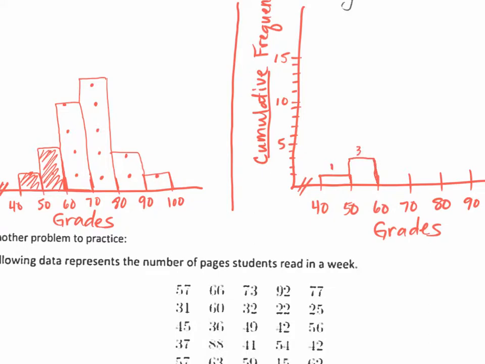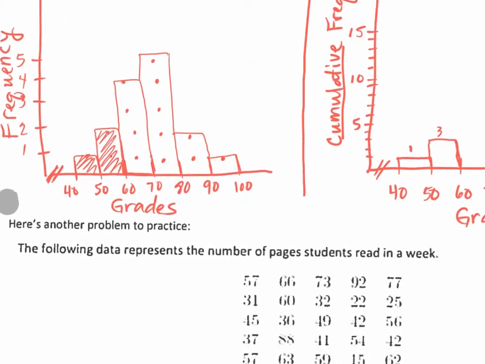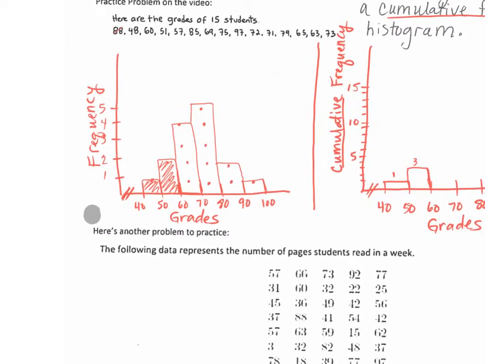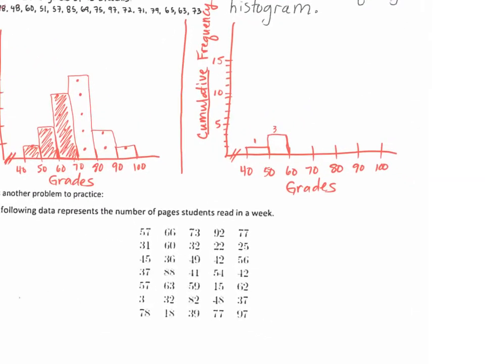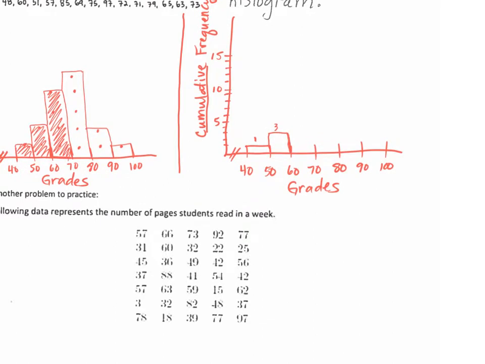Okay? The next bar, between 60 and 70, should include those plus how many more gets added to it. So how much is this total so far that is below 70? That's a total of 7 so far that is below 70. So this has got to add 4 more for a total of 7, not 8.